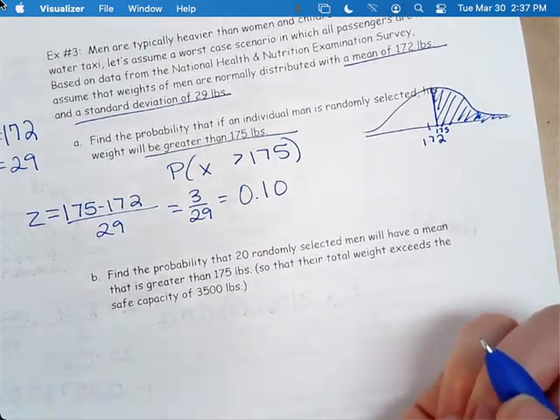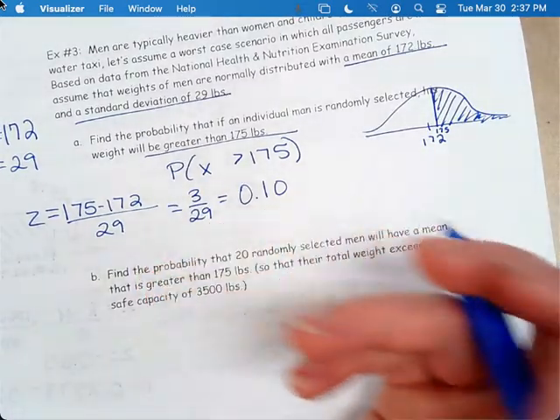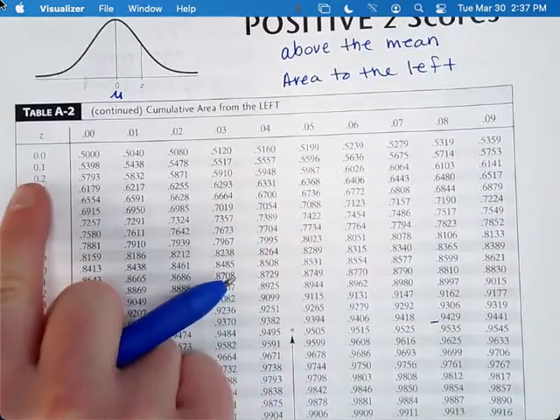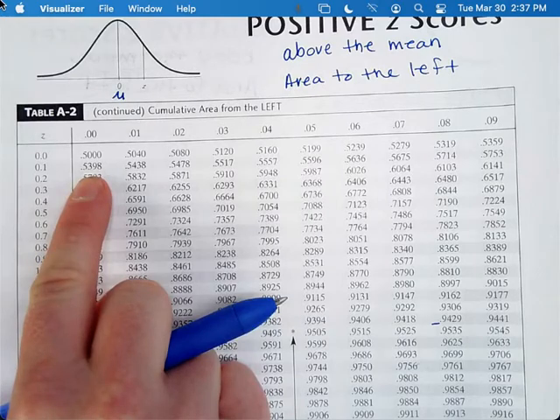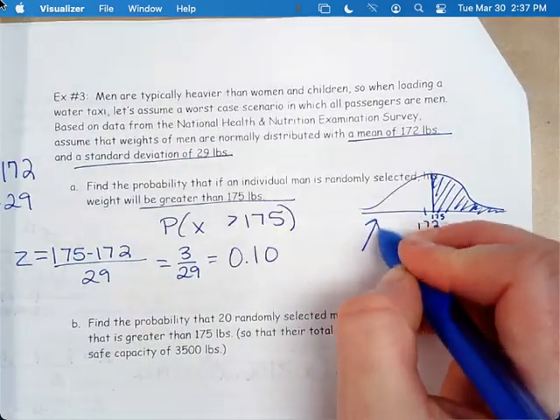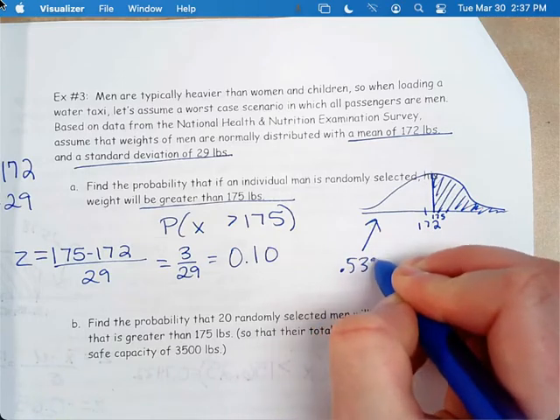So then we want to find the area of 0.1. So this will be on the right side. 0.1, 0.5398. So this area right here is 0.5398.